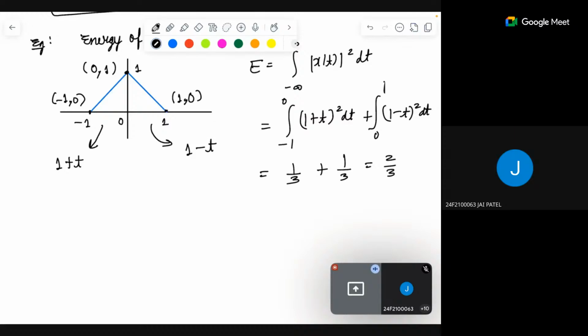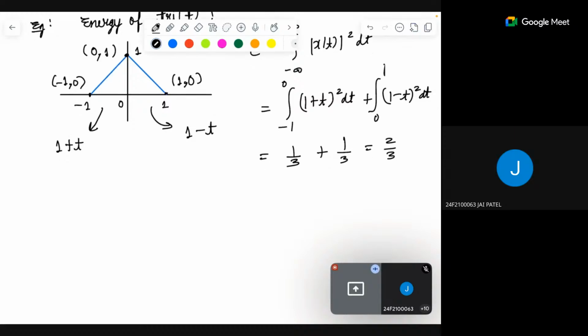Now, let us take this signal, x(t) equals e raised to the power of minus t. Will someone tell me what is the energy of this signal? Yes, class, what is the energy of x(t) equals e raised to the power of minus t?